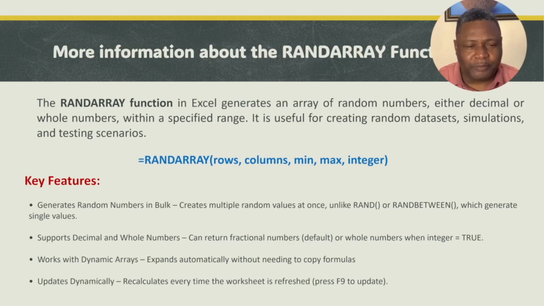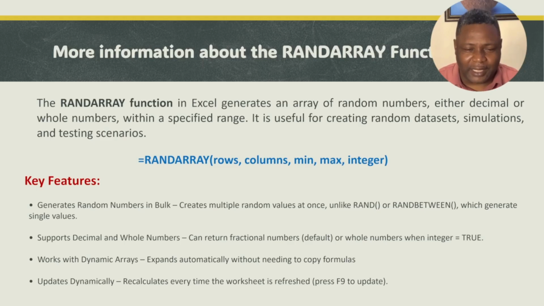Now the RANDARRAY function in Excel generates an array of random numbers, either decimal or whole number, within a specified range. It's useful for creating random data sets, simulations and testing scenarios.